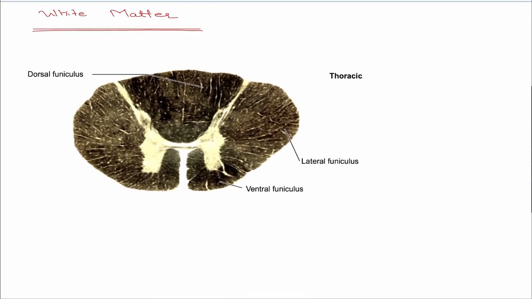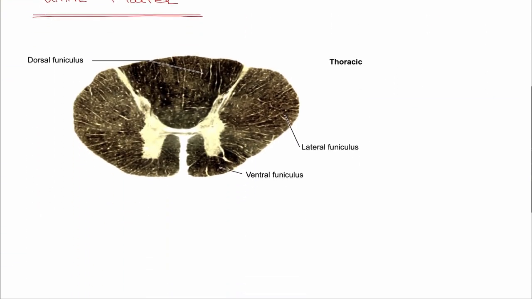Now if you come on to the white matter, similarly there is white matter on the sides, up and down, or I would say anterior and posterior. Same thing, but the name just changes. You have got a dorsal funiculus like the dorsal horn, and there is a ventral funiculus and a lateral funiculus on the sides.